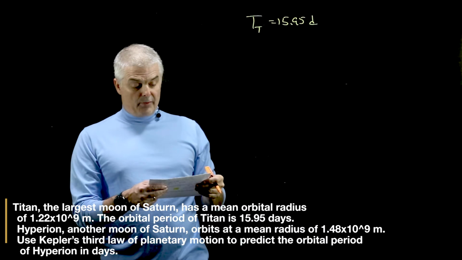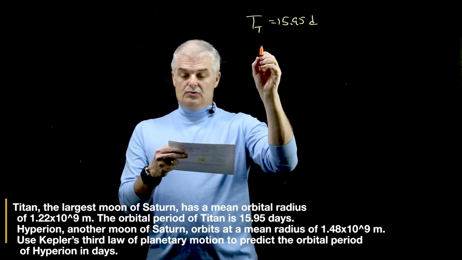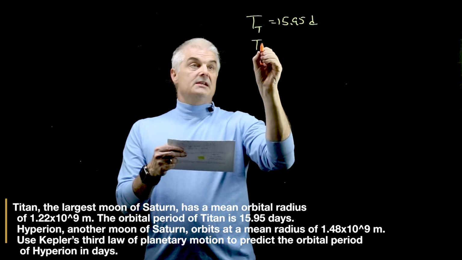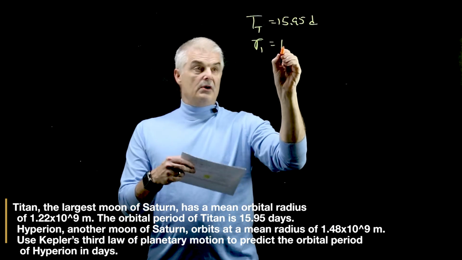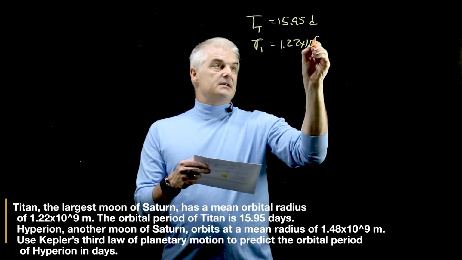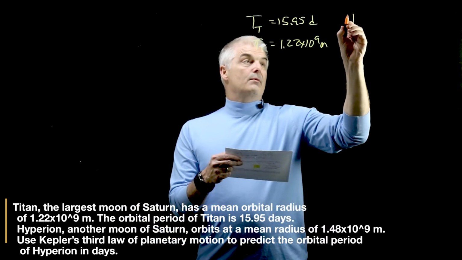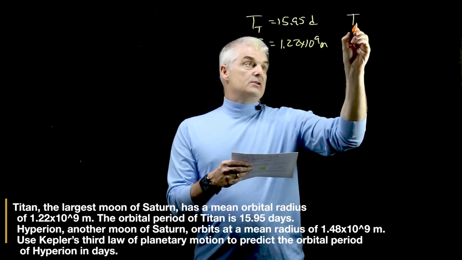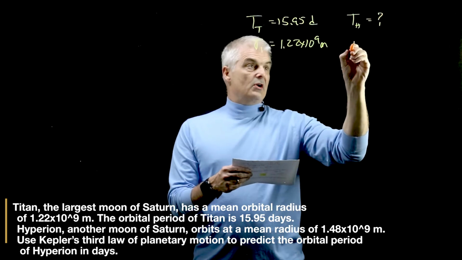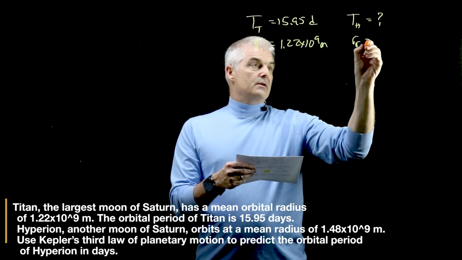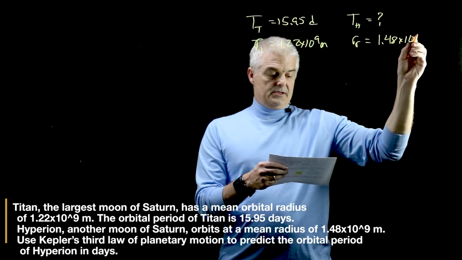And we know the orbital radius of this is 1.22, so we can say R1 is equal to 1.22 times 10 to the 9th meters. And T sub H of Hyperion, right? That's the one we're trying to solve for. And the R of Hyperion, we do know that number, that's 1.48 times 10 to the 9th.